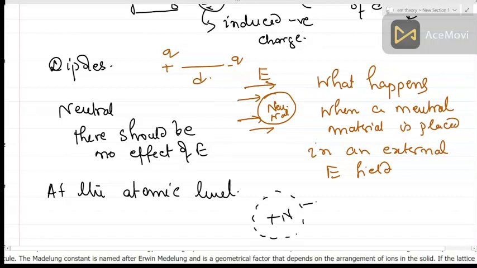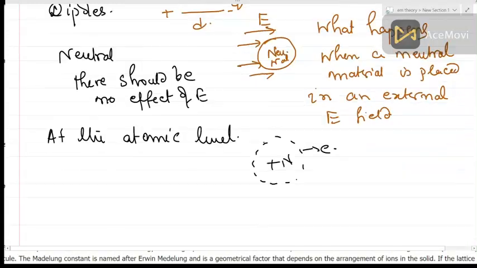So at the atomic level, we have a nucleus and a cloud of electrons surrounding this nucleus.